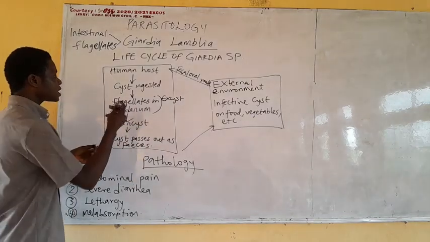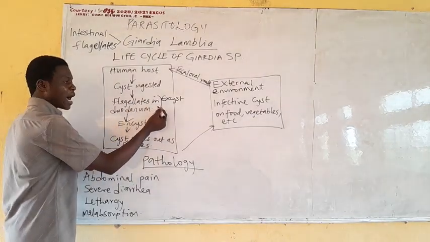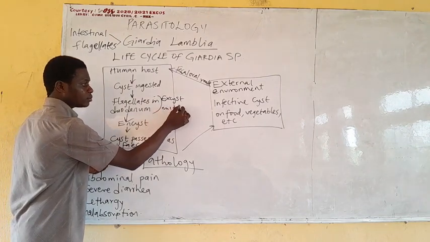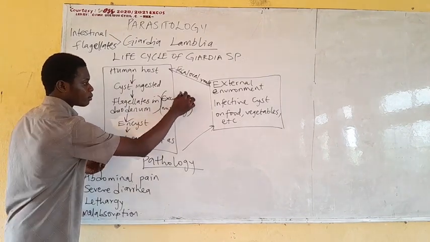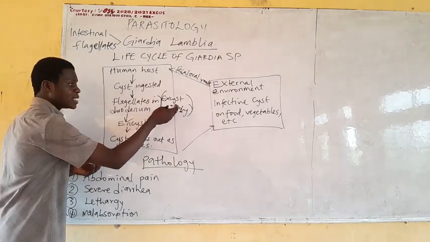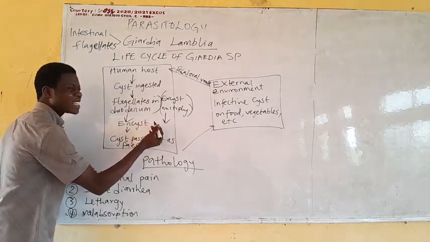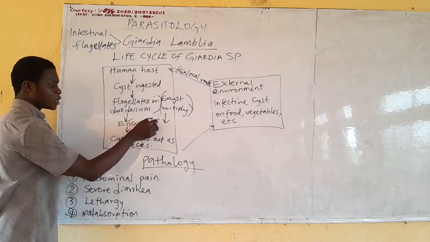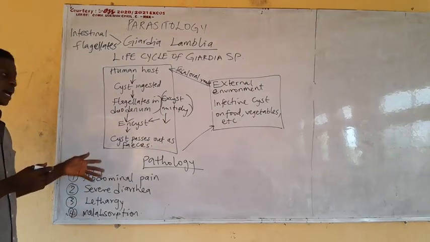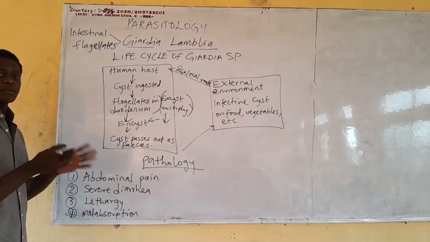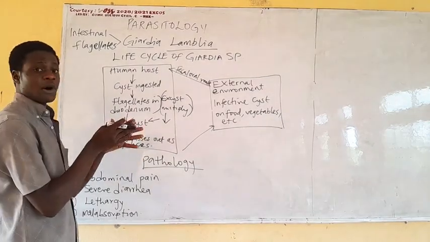So as they form flagellates and multiply, they are passed out as feces. That is just the simple life cycle of Giardia lamblia.